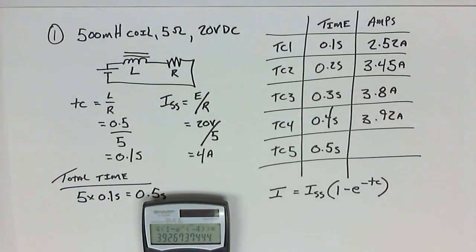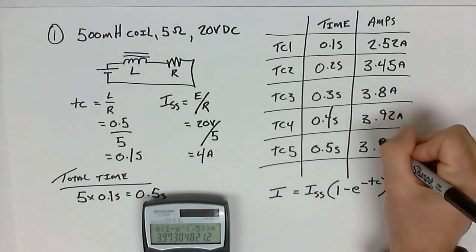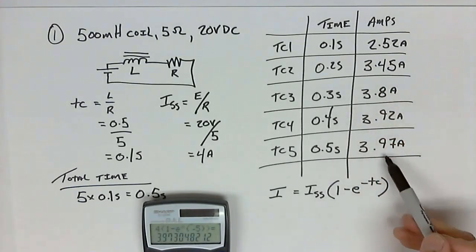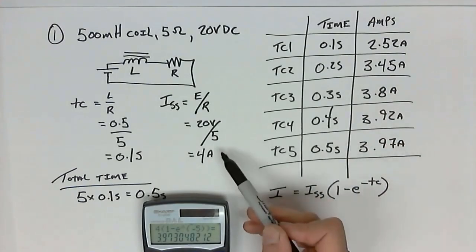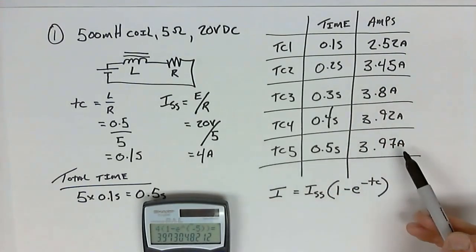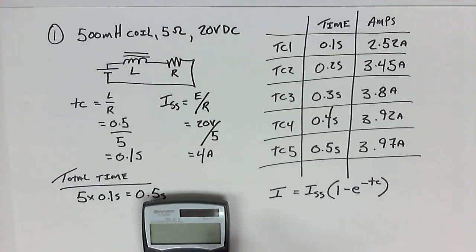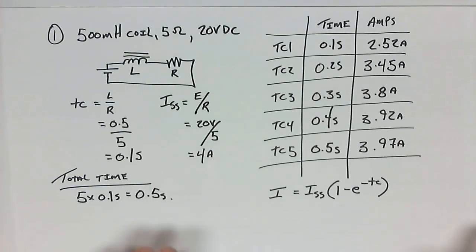And finally, the last one, 4 open bracket 1 minus second function ln, negative 5 time constant, close bracket, 3.97. Not quite full steady state, but pretty darn close. And we say that difference is negligible, as in by the 5th time constant, it's pretty much reached that steady state value of current.